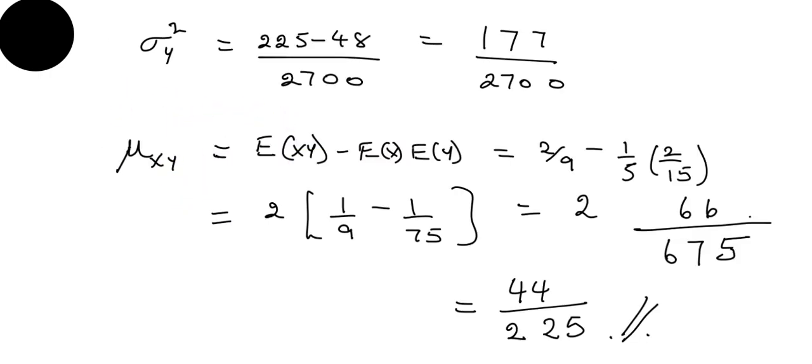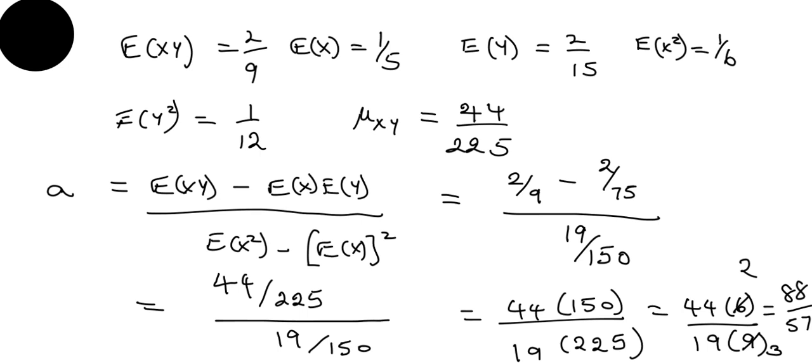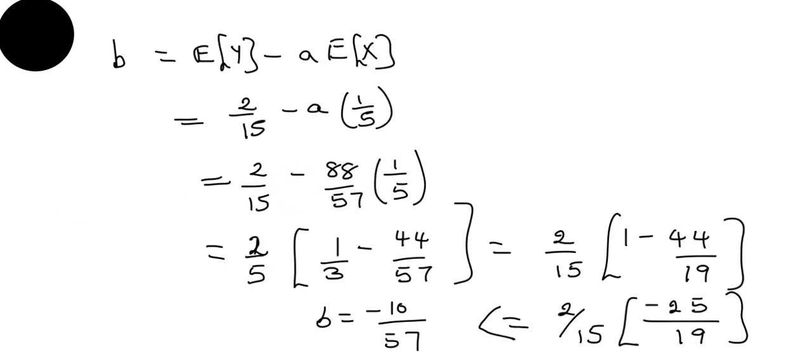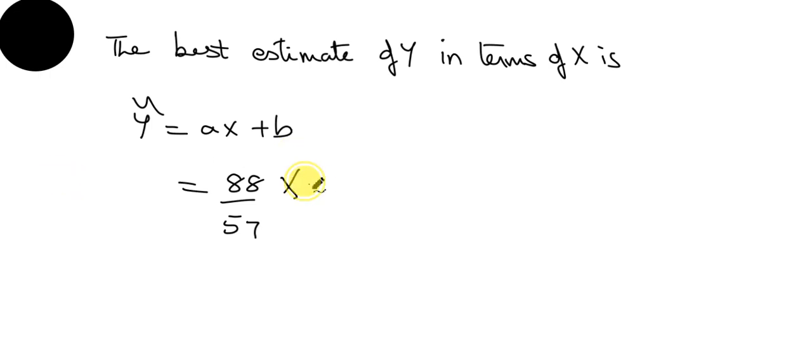What is our a which we have found out? 88 by 57. So this is 88 divided by 57x, and what was my b? Minus 10 by 57. So this minus 10 divided by 57.